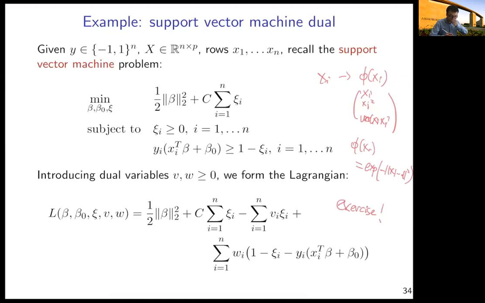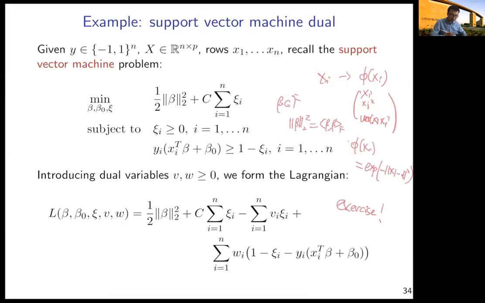So in fact, you can solve something called the kernel support vector machine, in which case you are doing linear classification in this expanded feature space, in this function space. In those cases, beta is a function, and phi of xi is also a function, and then the beta 2-norm squared becomes the inner product of beta and beta defined in this function space.